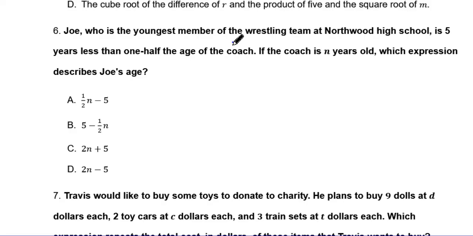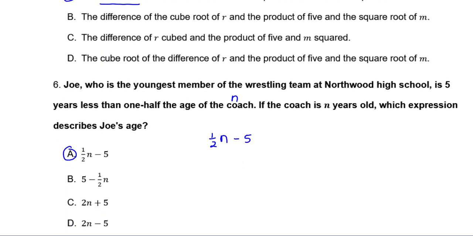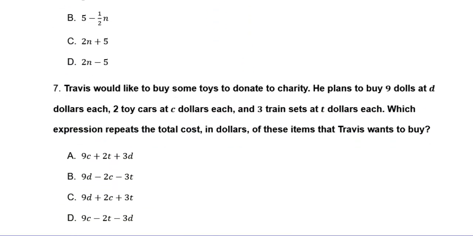Coach is n, and Joe is 5 years less than half of the age of the coach. So 1/2 of the coach's age, which is n, and then minus 5. It's A again. Is everything A? I think so. That's just a mistake.